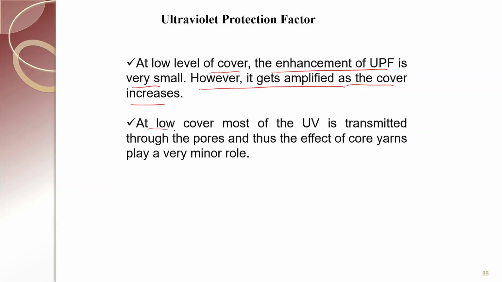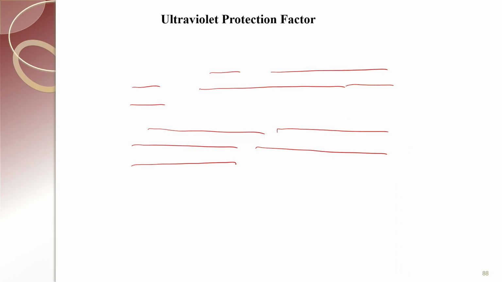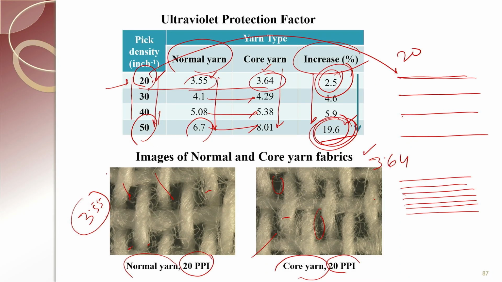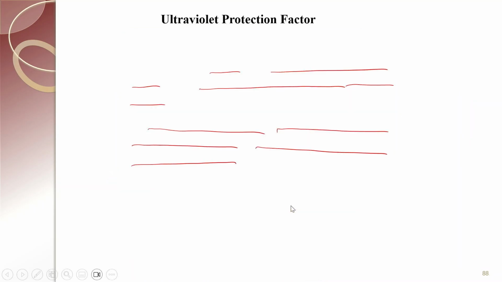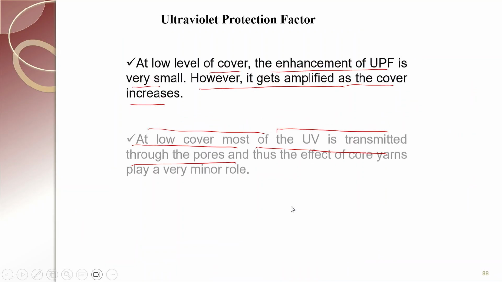So, at low cover most of the UV is transmitted through the pores, thus the effect of the core yarn is very minor. So, at low cover openings are there. So, most of the UV rays are transmitted through the openings. So, flattening effect has lesser significance here.